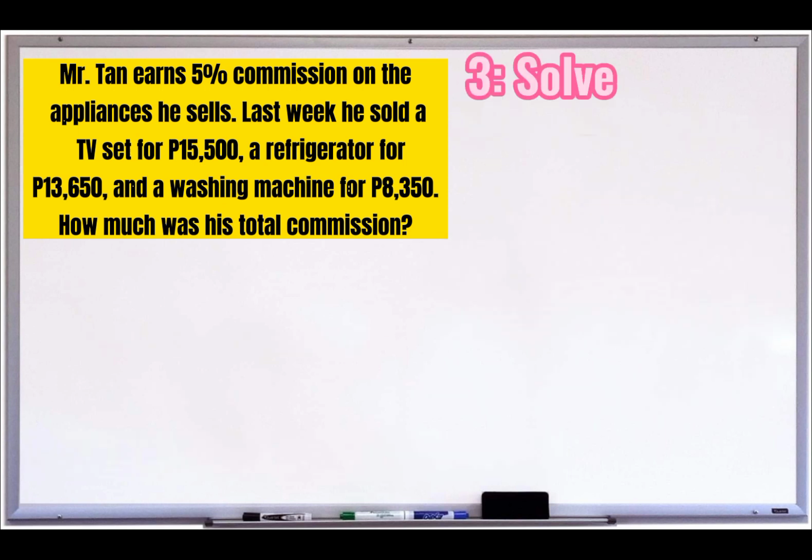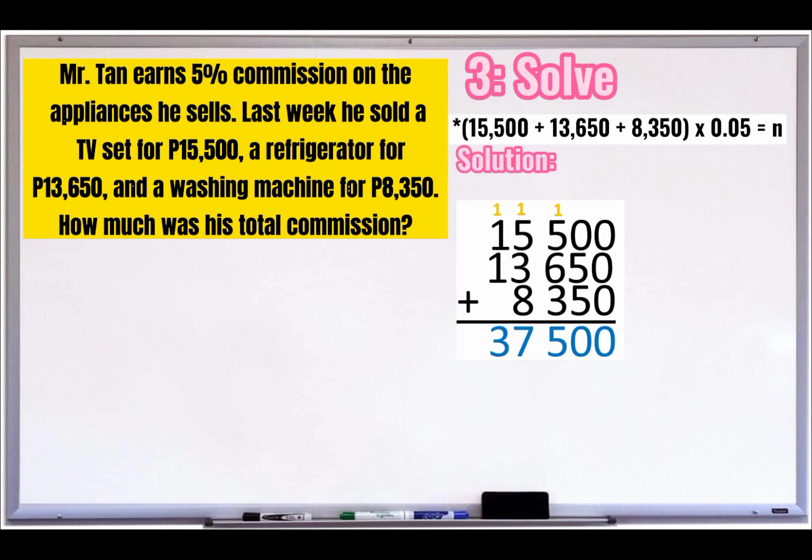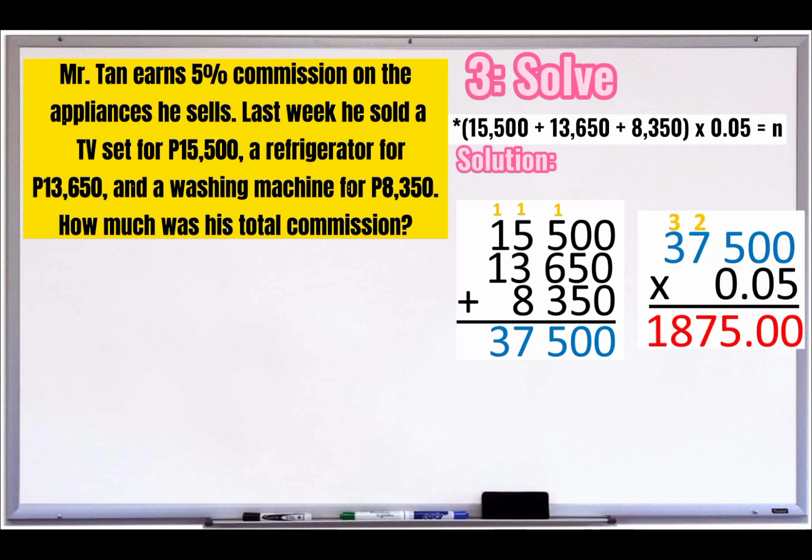After knowing the operation to use and the mathematical sentence, we are now going to solve the problem. Using the mathematical sentence, we are going to add 15,500 plus 13,650 plus 8,350. The answer is 37,500. And then, 37,500 will be multiplied to 5%, or in decimal form, 0.05.